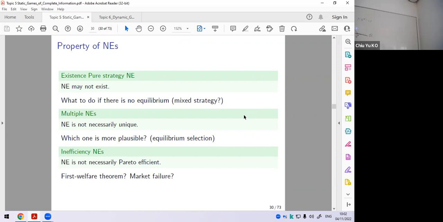The first welfare theorem holds when we have a market with perfect competition, when we assume price takers. When we just relax the idea of price taker, then the first welfare theorem fails. And that's why I explain why we have market failure. Of course, that's also why we have government failure as well, but that would be the concern.